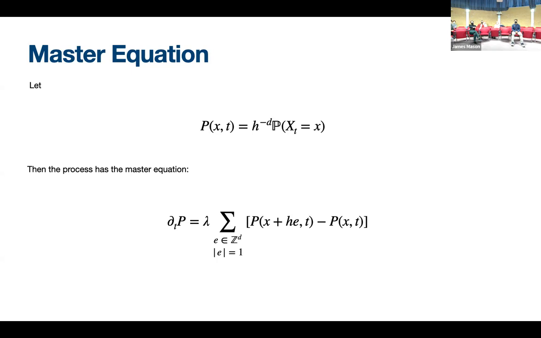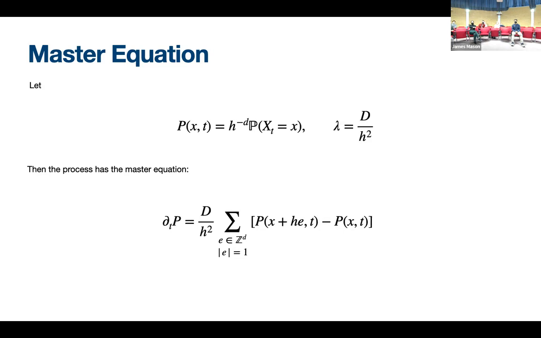The master equation for this is like this, where this is the flow into the site x, and this is the flow out of site x. And this looks very much like a discrete Laplacian. If we scale lambda as 1/h², this forms a discrete Laplacian here. So if we took h to 0, this would converge to just the heat equation, to gain diffusive behavior of a particle.